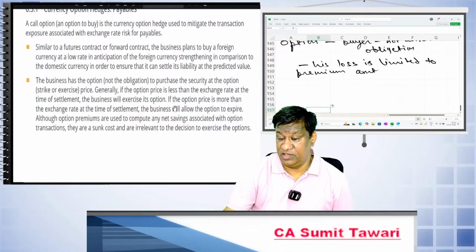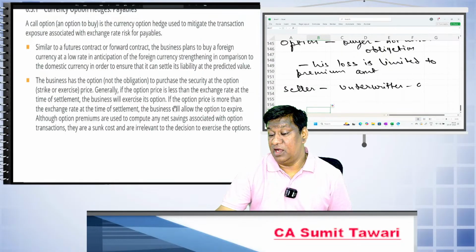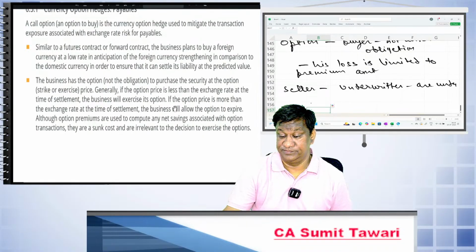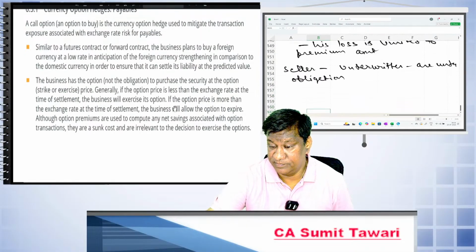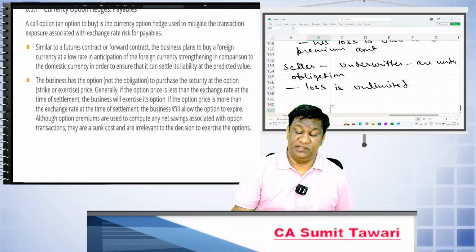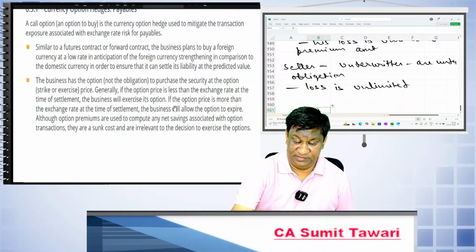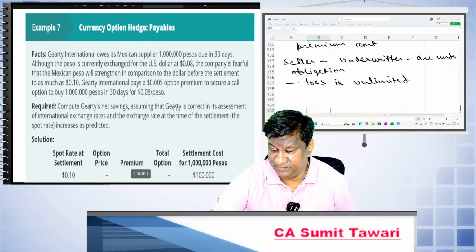And the seller, we call him an underwriter because he is taking a risk, is under obligation. If he is under obligation, that means his loss is unlimited. So these 2-3 things you just need to keep in mind. Now we can see the example.